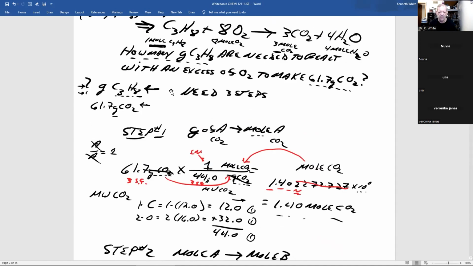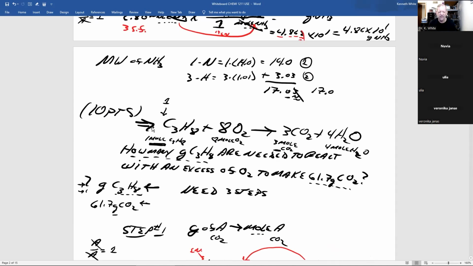Again, from the coefficients, the number in front of the chemical formula in a balanced chemical equation gives you molar relationships. When there's no number, it's the number 1. So this again tells us for every 1 mole of C3H8, we have 3 moles of CO2.